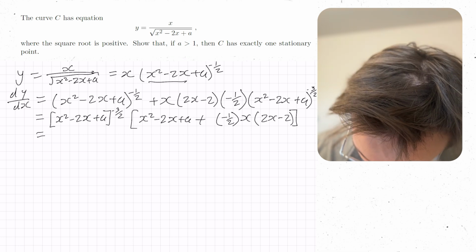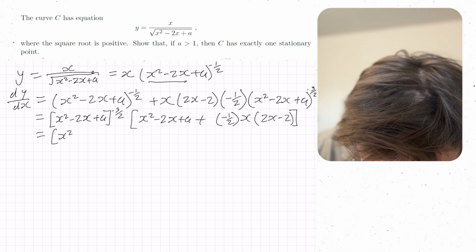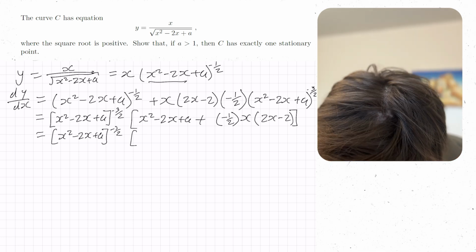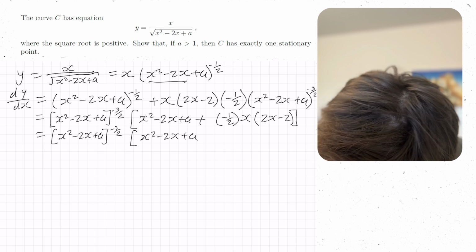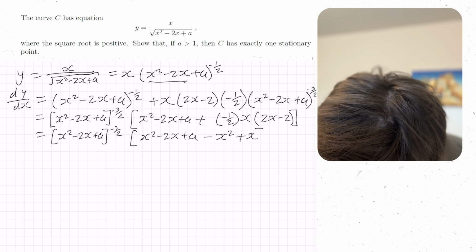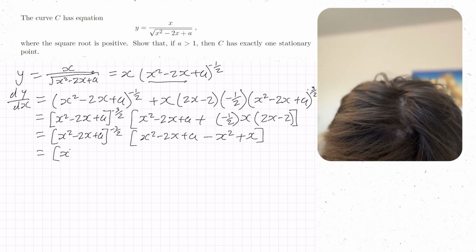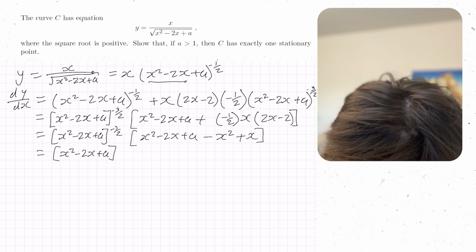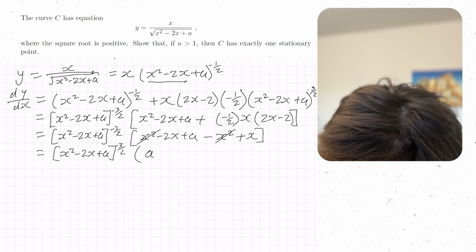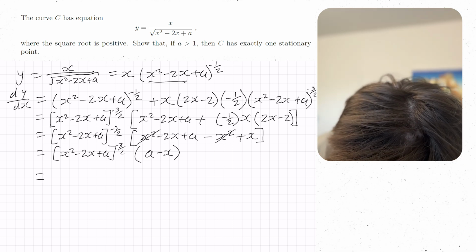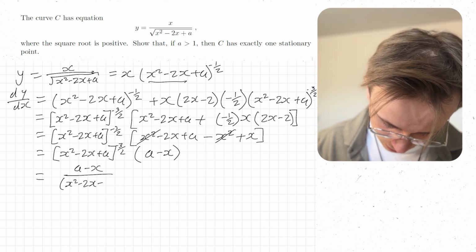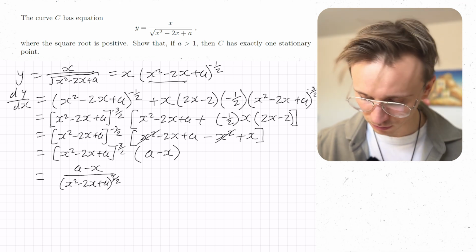After slightly neatening it up, I have x squared minus 2x plus a, and then minus x squared plus x, equals x squared minus 2x plus a to the minus 3 over 2, and then that cancels with that, and I'm left with a minus x. So writing it a little bit more neatly, a minus x all over x squared minus 2x plus a to the 3 over 2.